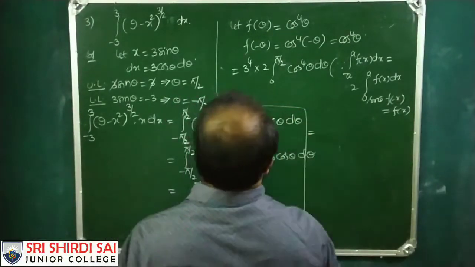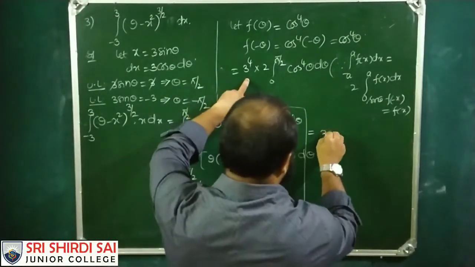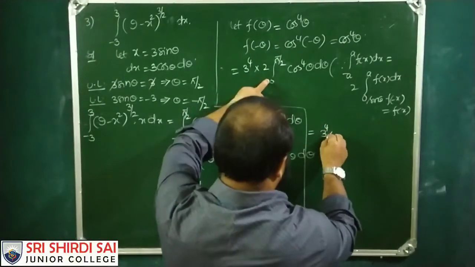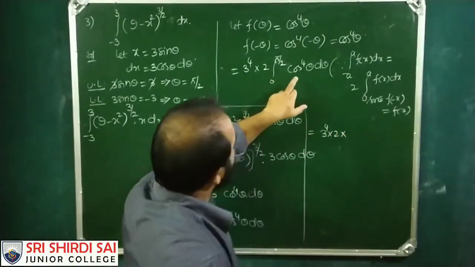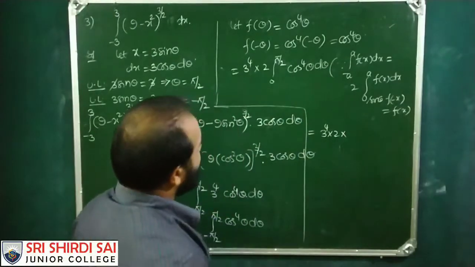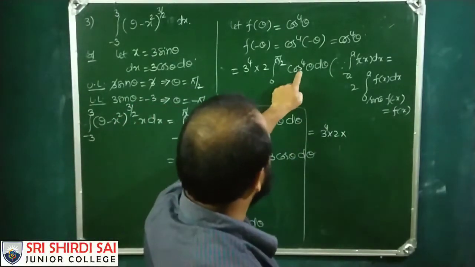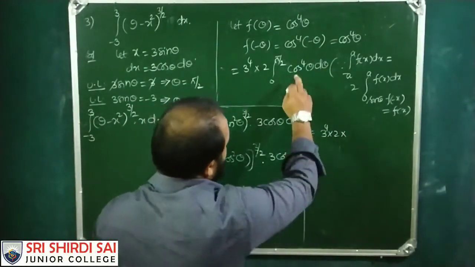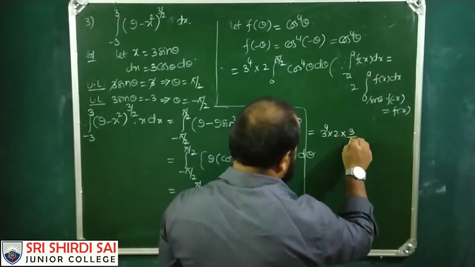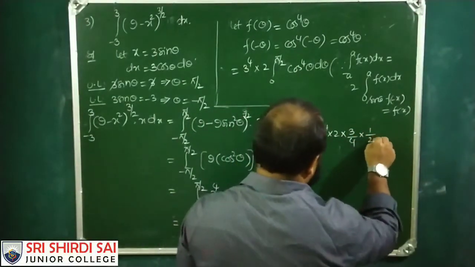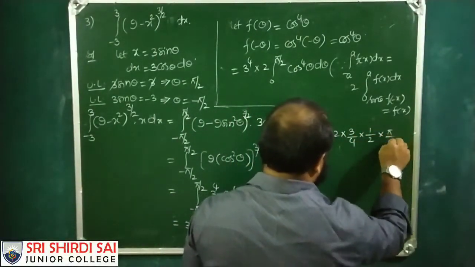3 power 4 into 2 into cos power 4 theta. So this formula we have n minus 1, so 4 minus 1, this is 3 by 4 into 1 by 2 into pi by 2.